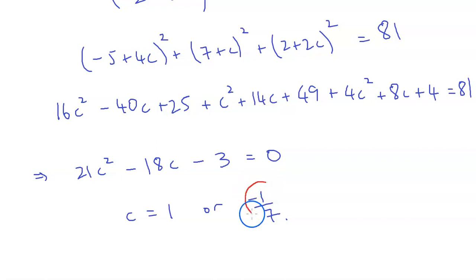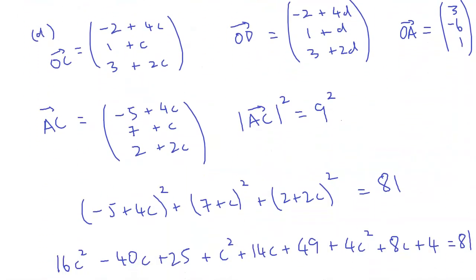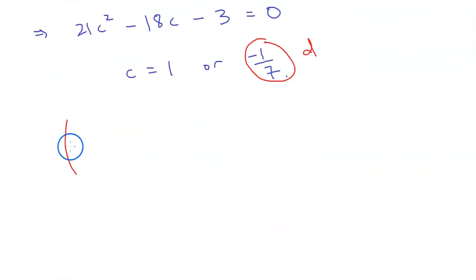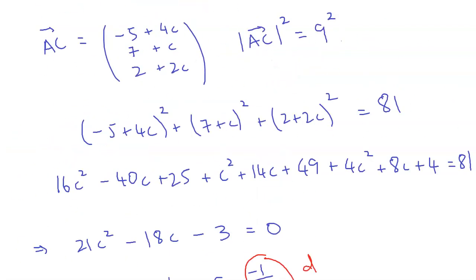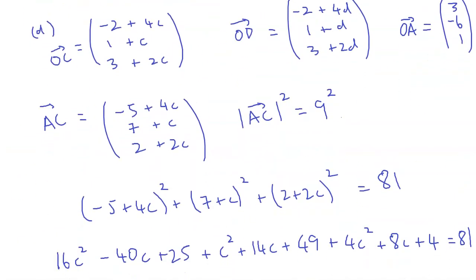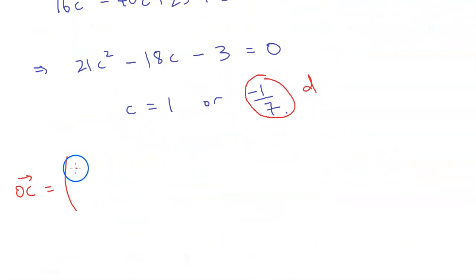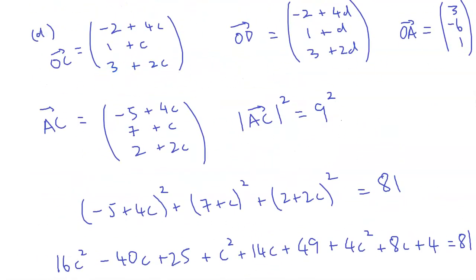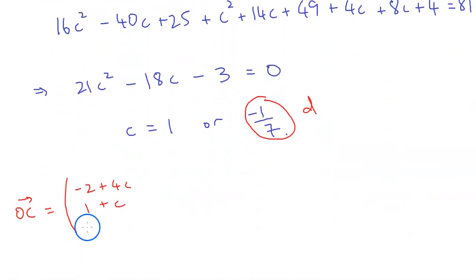Then, of course, that is going to be our D vector. If I write it out again, OC is equal to, I forgot already, (-2 + 4c, 1 + c, 3 + 2c).